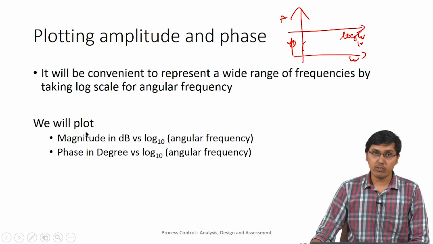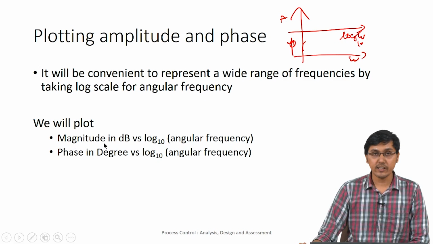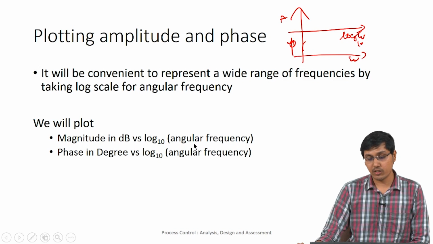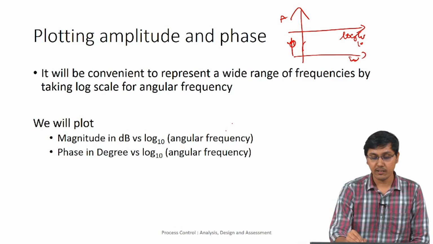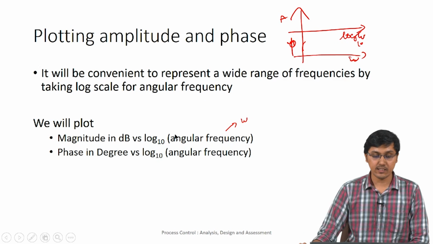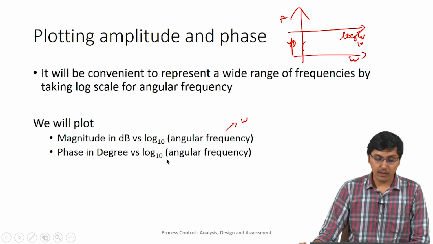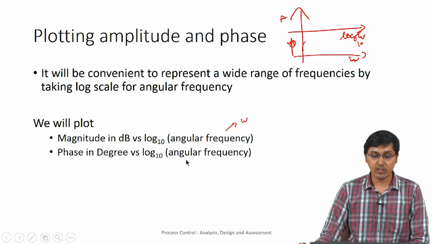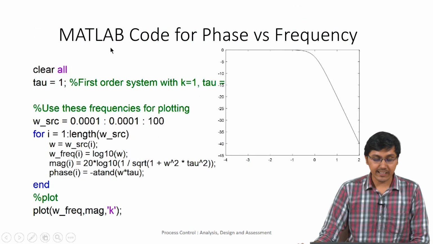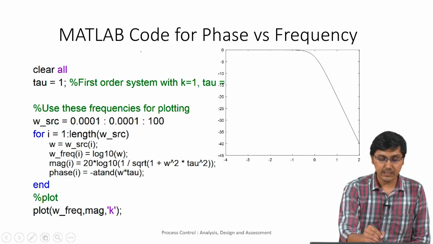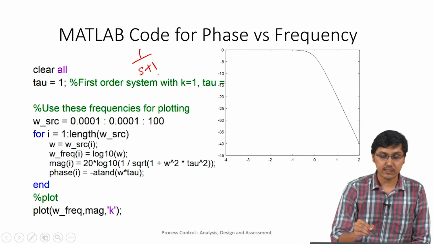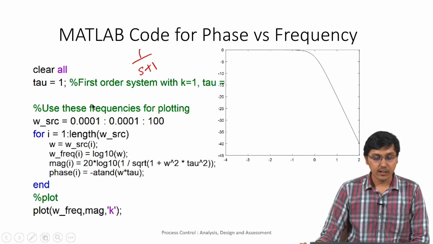So now we will attempt to plot magnitude in dB versus the log 10 of the angular frequency omega, and phase in degrees versus the logarithm of the angular frequency to the base 10. We are writing a MATLAB code for a very simple system, 1 by s plus 1 with tau equal to 1, and we plot it over the frequencies 0.0001 to 100.